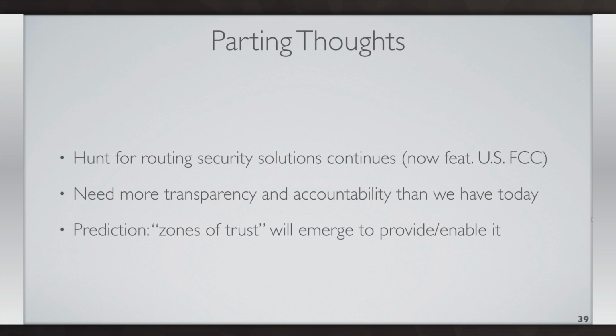And this is not my prediction, but Casey Claffey, who was one of my advisors, predicts some sort of zones of trust will emerge to provide this transparency and accountability, along the lines of what she was thinking of. And with that, I'm happy to take questions.